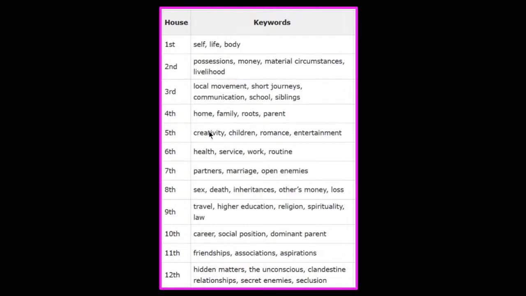Fifth house, creativity, children, romance, entertainment. Sixth house, health, service, work, routine. Seventh house, partners, marriage, open enemies. House 8, sex, death, inheritances, others' money, loss. Ninth house, travel, higher education, religion, spirituality, law.